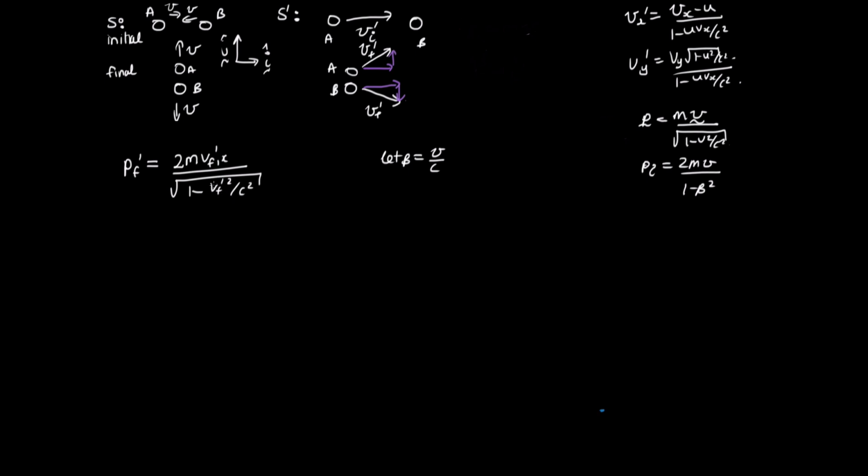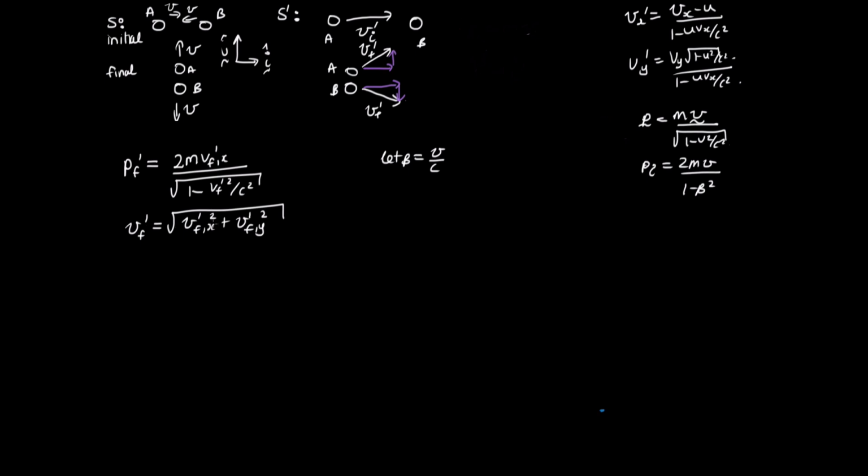Now, in the denominator here, this is not just the x component. This is the entire speed. So this is going to be a little bit more work. So we've got that v final prime is going to be equal to the square root of v final prime in the x direction plus v final prime in the y direction, and both of those squared.